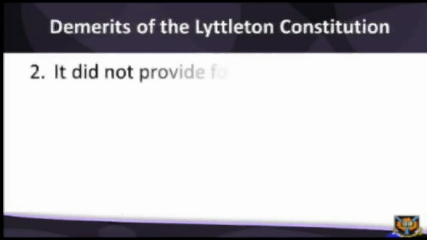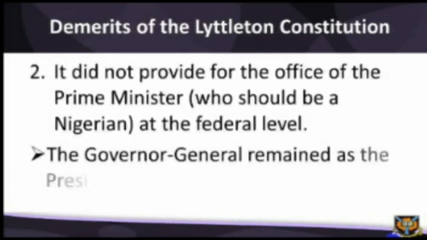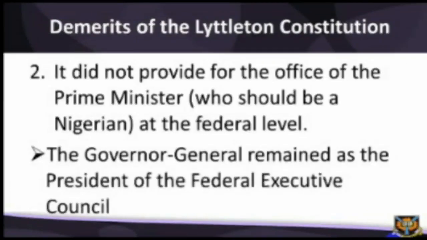It failed to provide for a second chamber at the center and in the eastern region. The Constitution did not provide for the office of the Prime Minister, who should be a Nigerian, at the federal level. The Governor General remained the President of the Federal Executive Council.